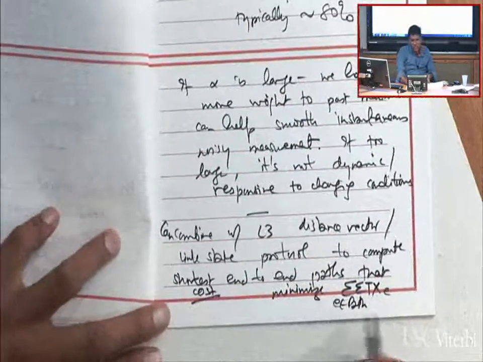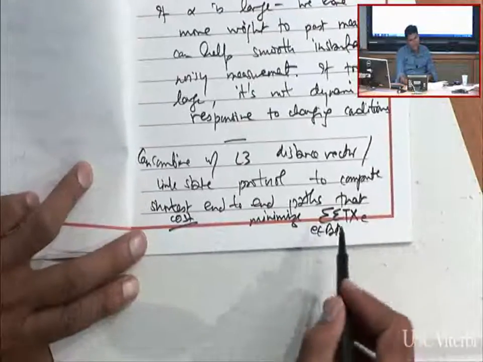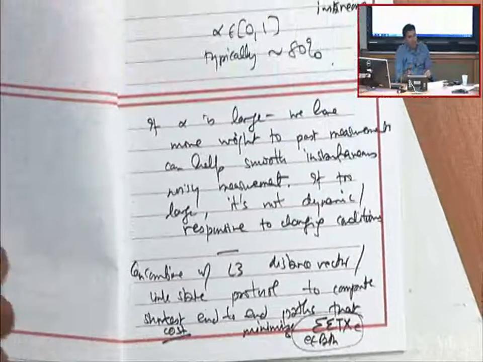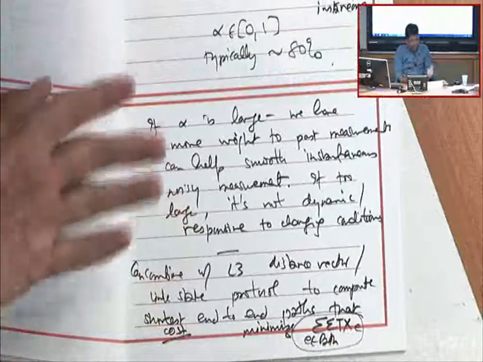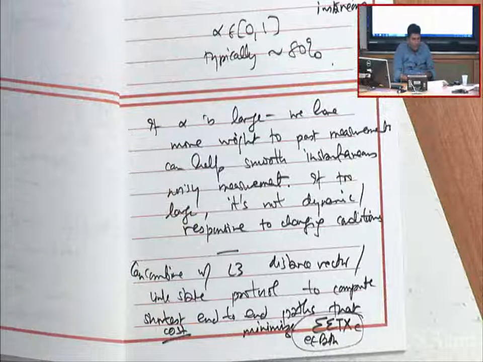So all the edges that are in the path, if you add up the ETX values, that's the total metric that you're minimizing if you run Dijkstra or link state over this metric.